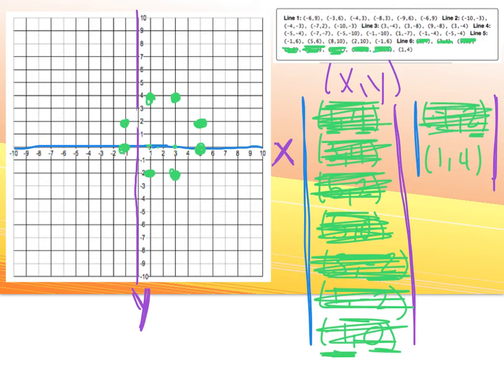And the way you know you did it correctly is this last one right here is going to bring you back around. So again, I'm going positive 1, and he says to move up 4. 1, 2, 3, 4. I'm back right where I started. So what you do then is you connect all these points with a straight line.